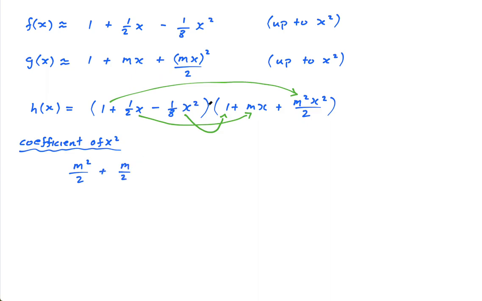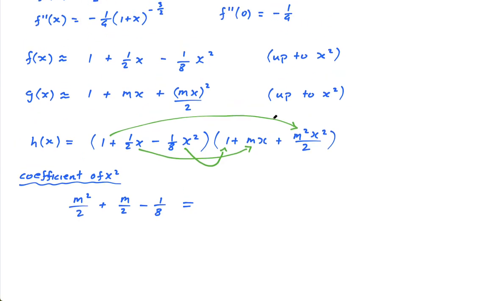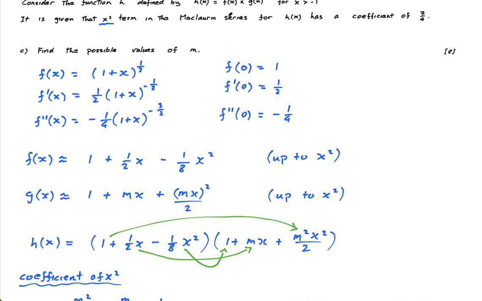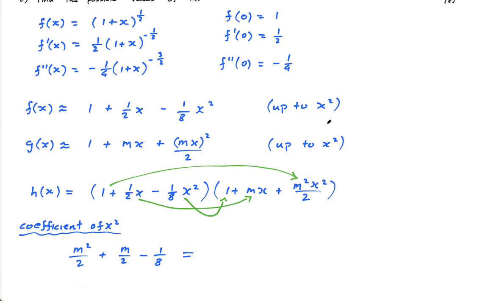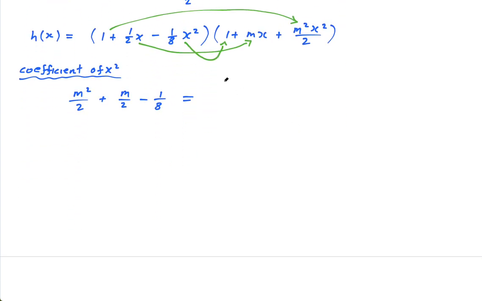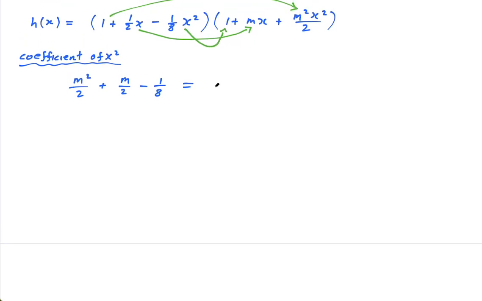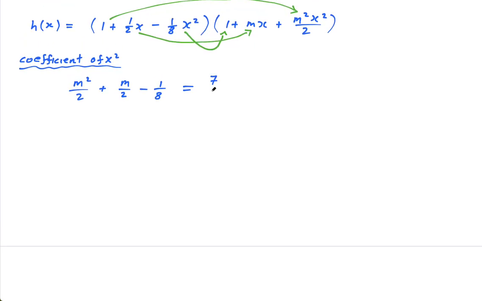And an eighth x squared times 1 is just an eighth x squared, or again without the x squared, just minus an eighth. And it says in the question, the coefficient of the x squared term for the Maclaurin series of h of x is 7 over 4. So I'm going to equate this to 7 over 4.